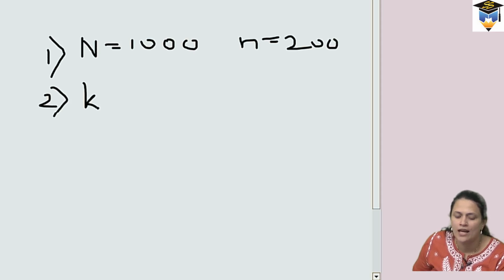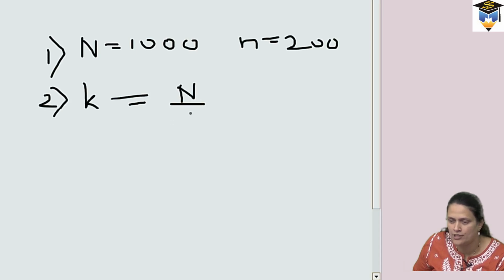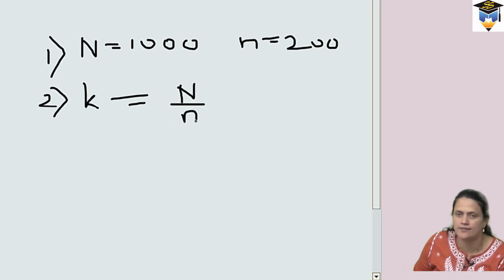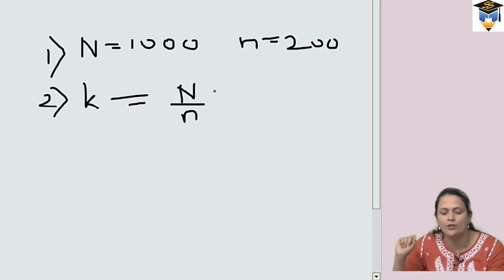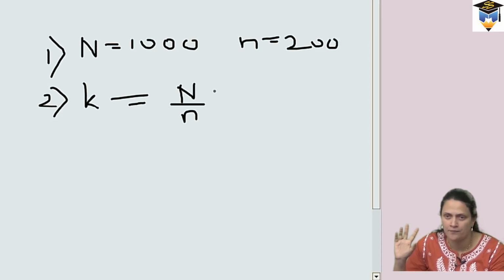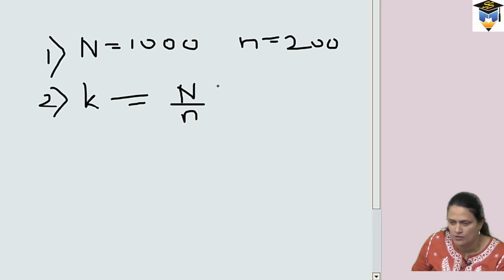How will you calculate? Divide total population by sample size. Second, calculate the sampling interval K: divide the total population by sample size.